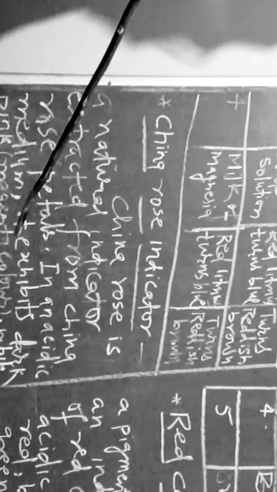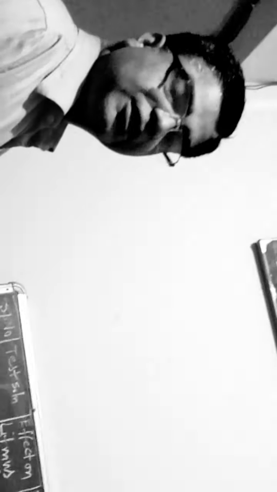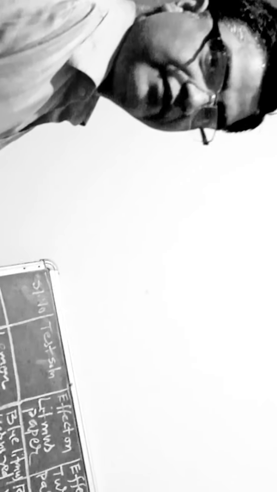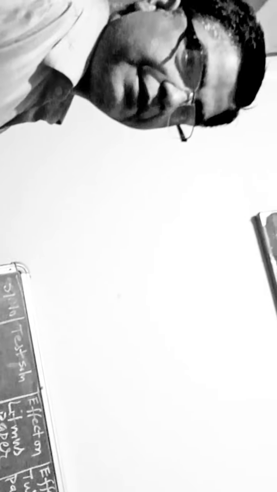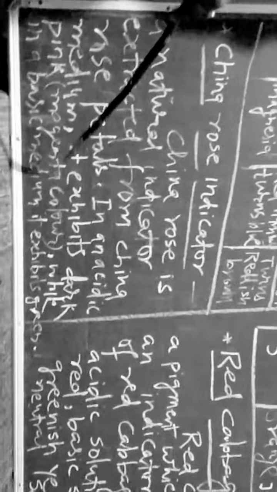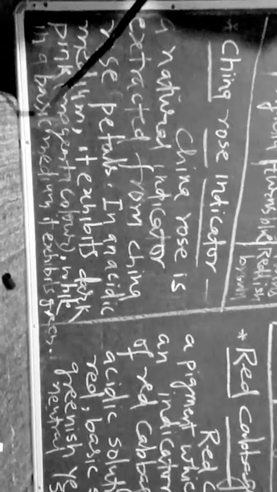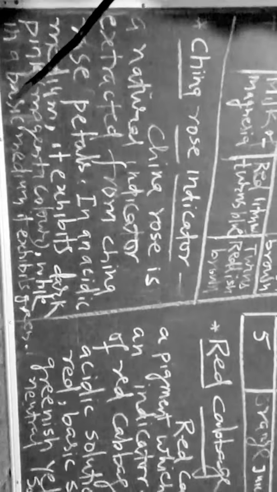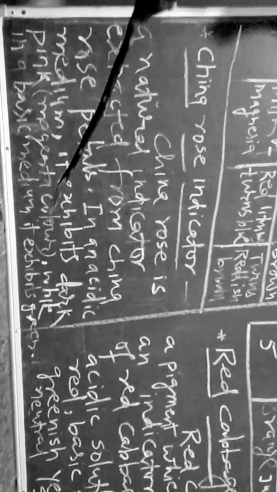It is a hibiscus flower, and the scientific name is Hibiscus rosa-sinensis. In Hindi you call it arhul. It comes in different colors, shapes and sizes. In an acidic medium, China rose exhibits dark pink, which we can also call magenta color, while in a basic medium it exhibits green color.